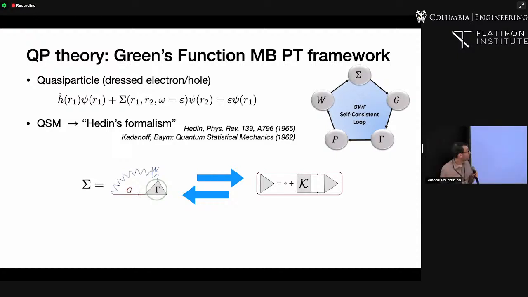But now we want to understand a bit better what this interaction kernel is, and how to maybe include higher order terms and improve our description. It turns out that this interaction kernel, the same way as in the Bethe-Salpeter equation, is just a functional derivative of the self-energy with respect to the propagator itself.